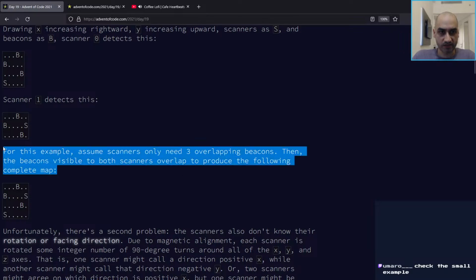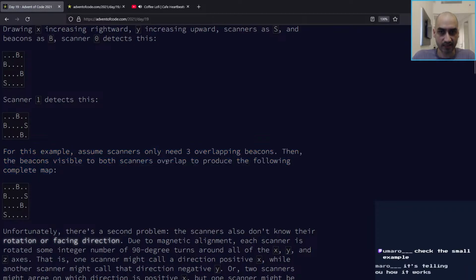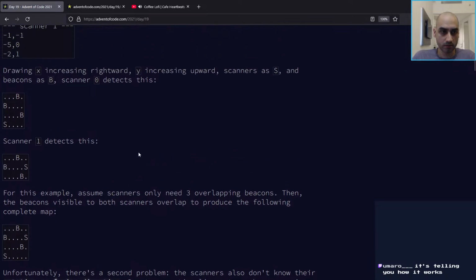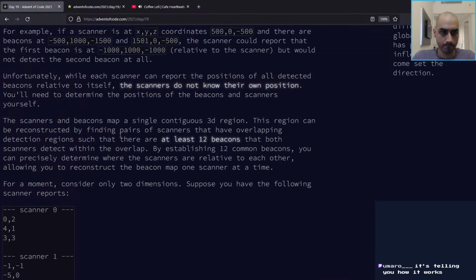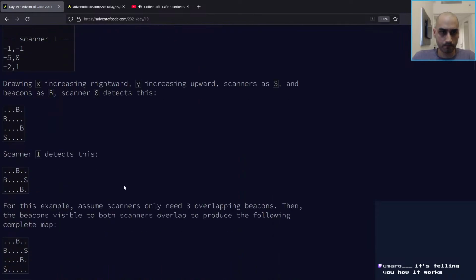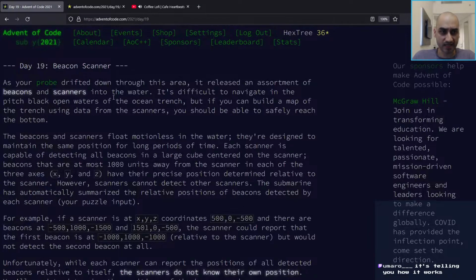I don't understand how this falls through. Like, why is it necessarily the case that these... It's telling you how it works? I mean, did they tell us how many beacons there are?